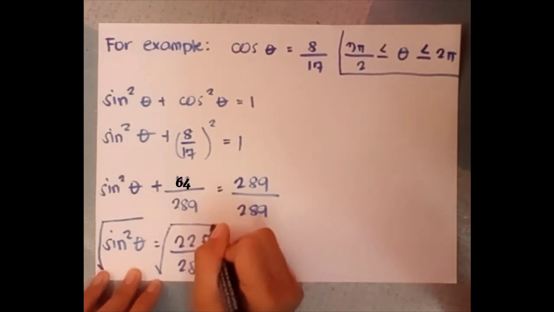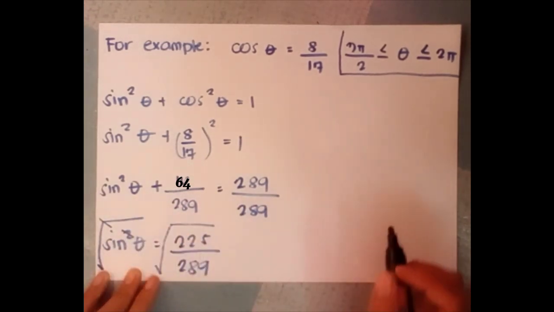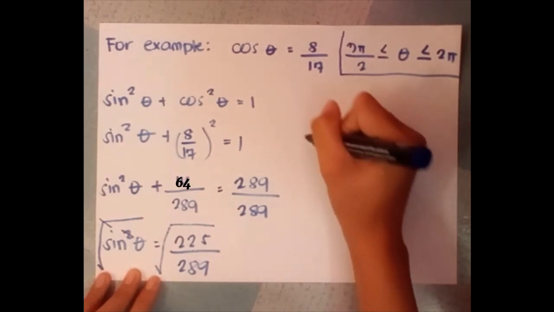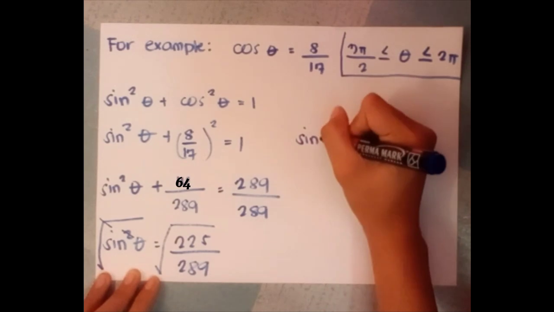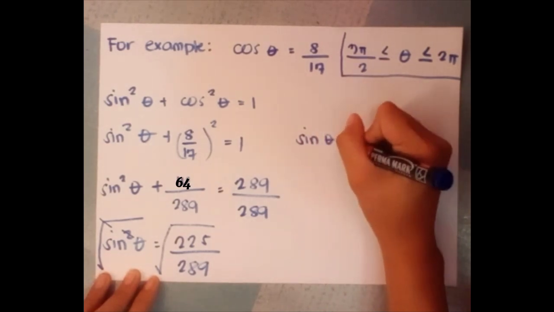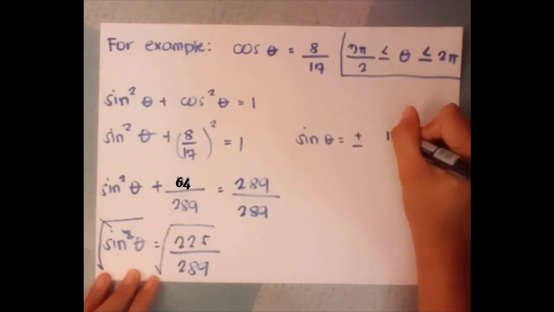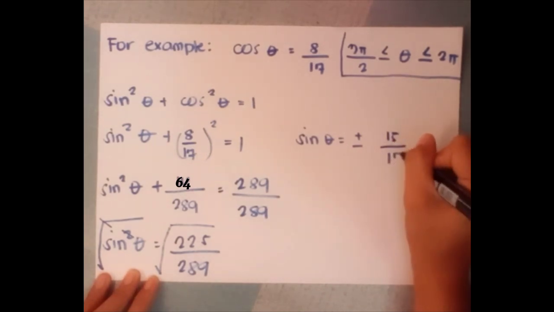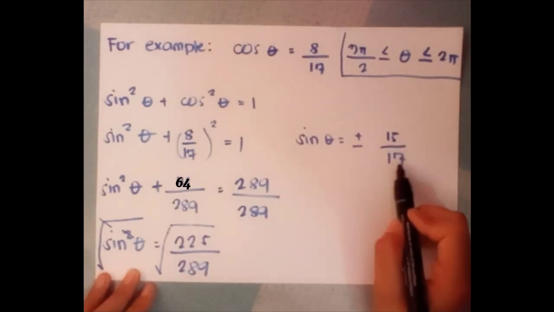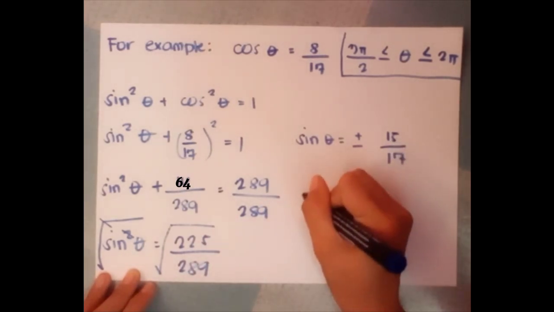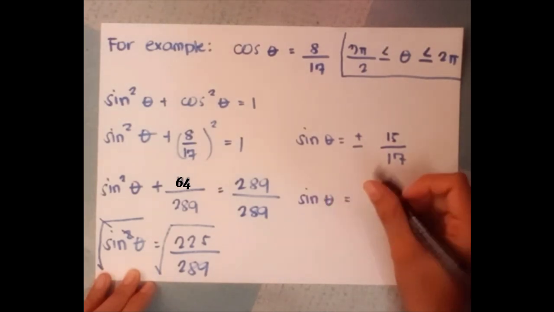We take the square root of sine squared and the square root of 225 over 289 to cancel out the square. So that would be sine equals plus or minus 15 over 17. 15 is the square root of 225, then 17 is the square root of 289.